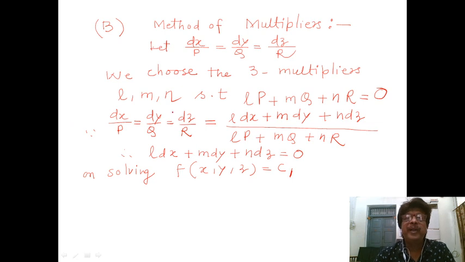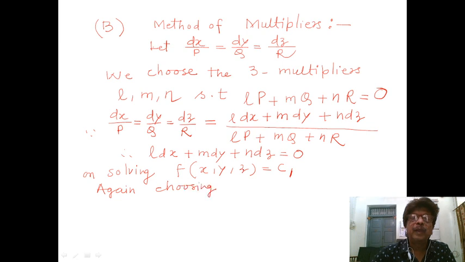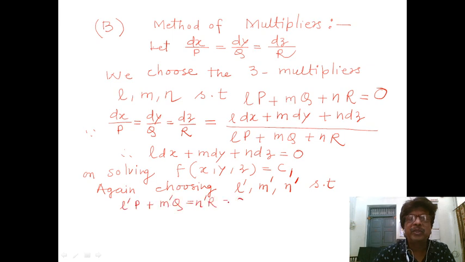Again, choosing another set of multipliers, say L dash, M dash and N dash, such that L dash P plus M dash Q plus N dash R equal to 0.